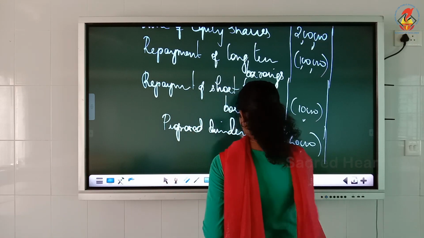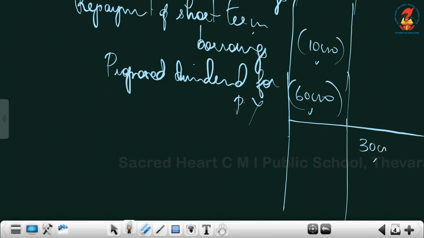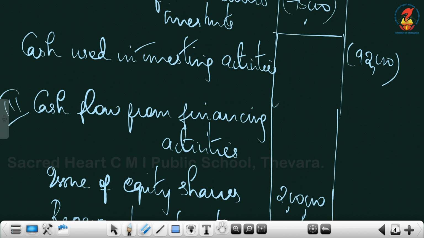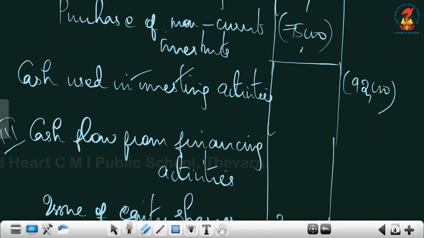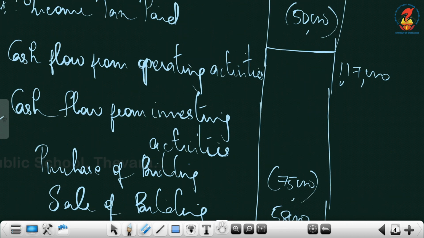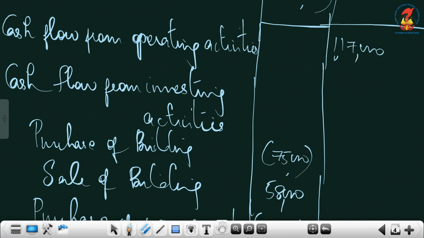So you can draw a line and extend it to the outer column. You can write it like this. Here also you can extend the line to the outer column before you write the amounts in the outer column.